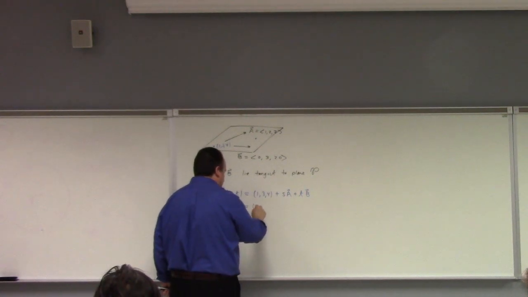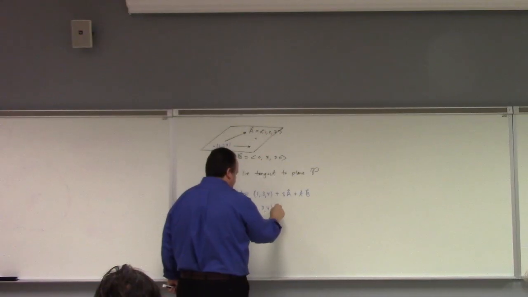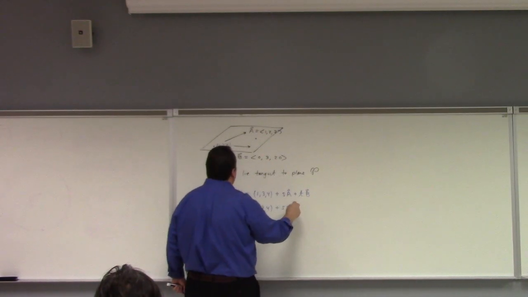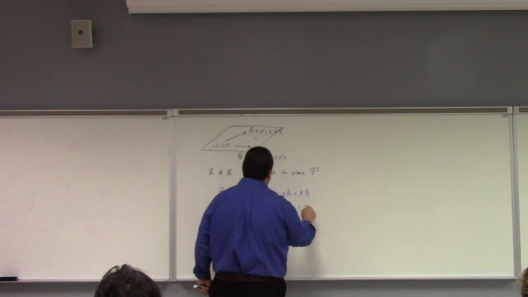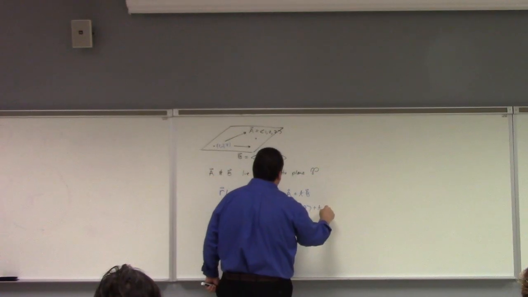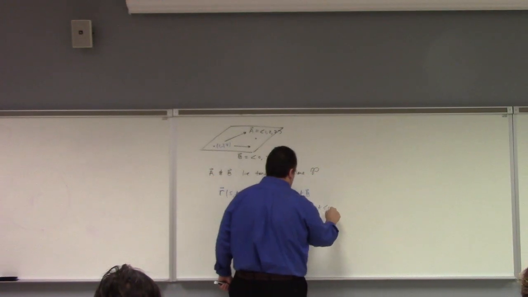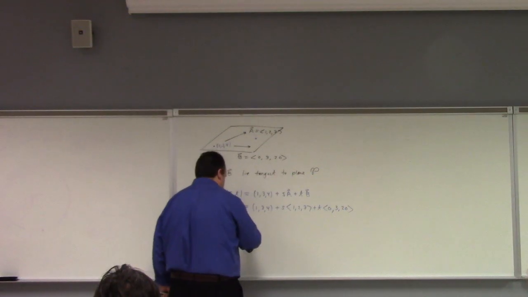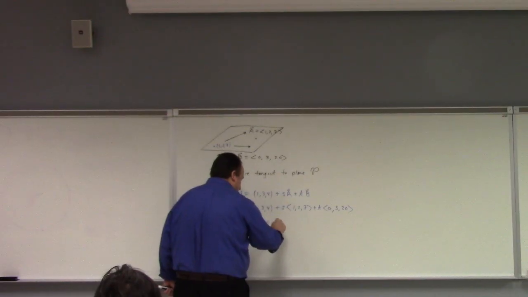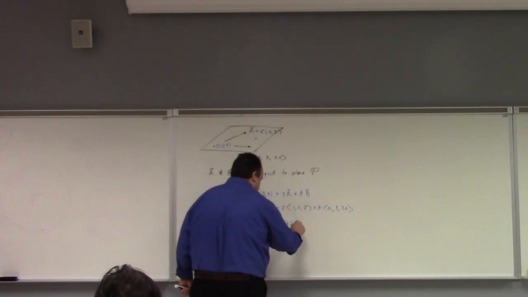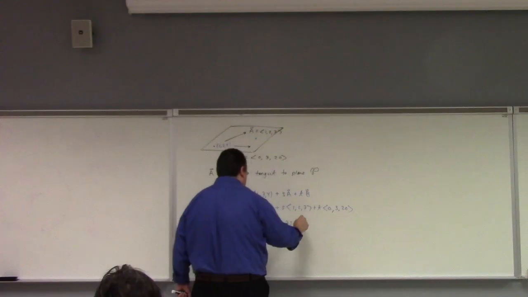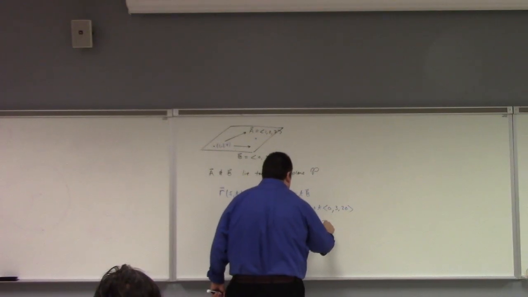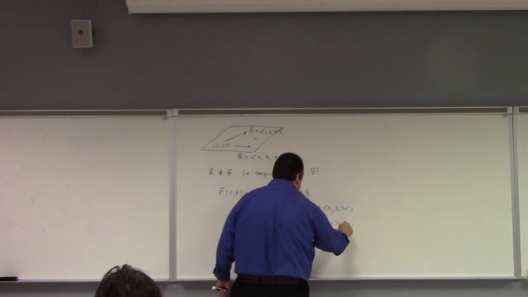Now specifically for this one, relative to the stuff we just made up, 0, 3, 20. So the parameterization is 1 plus s, 3 plus 2s plus 3t, and 4 plus 7s plus 20t.